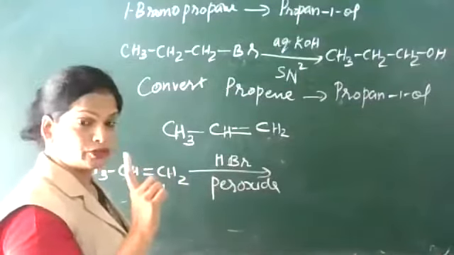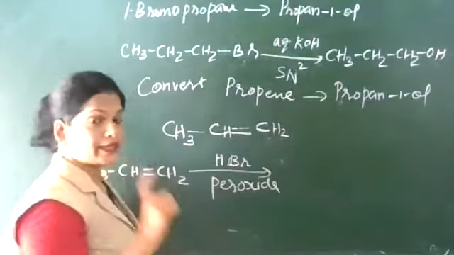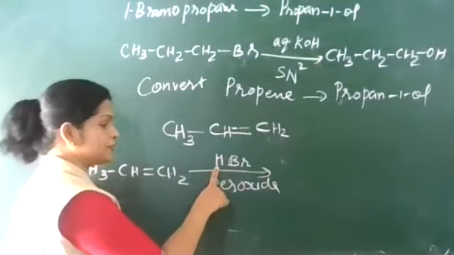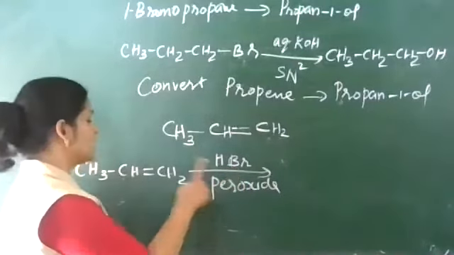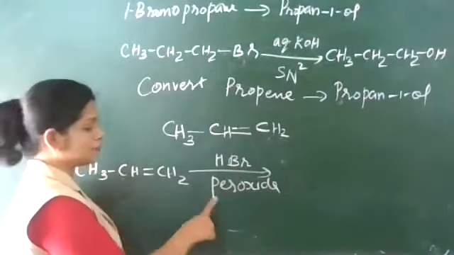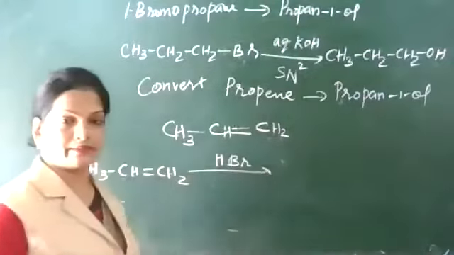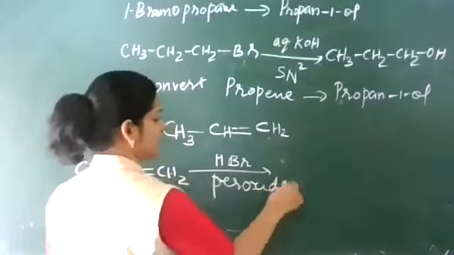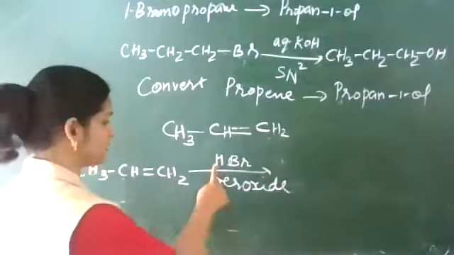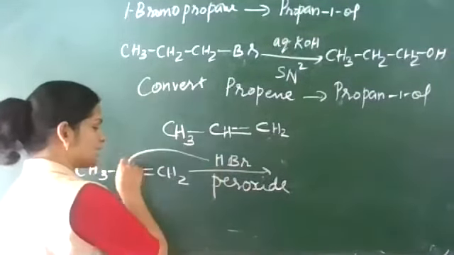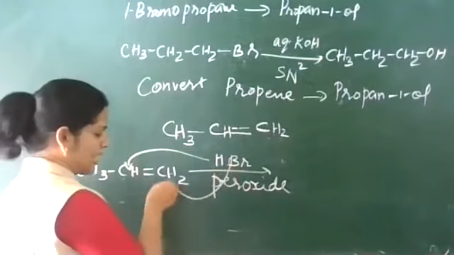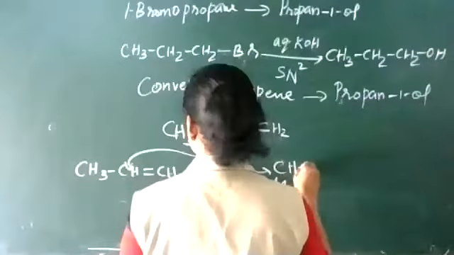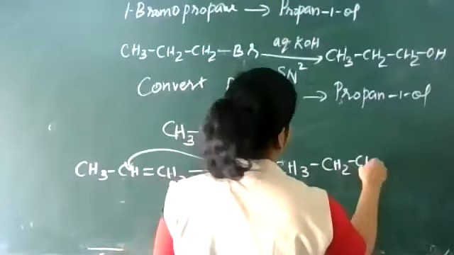In the presence of peroxide, anti-Markovnikov addition occurs: hydrogen is added to the less hydrogenated carbon, while halogen is added to the more hydrogenated carbon. So here CH3, CH2, CH2Br.